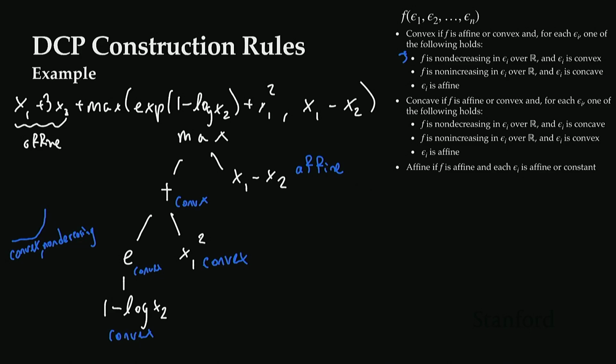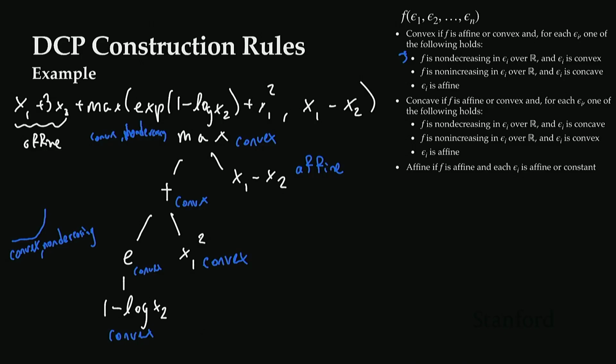So we have, again, a convex, non-decreasing thing of a convex and an affine. What's that? It's convex. Okay. So using our DCP rules, we can establish that this whole expression is convex and then plug it into a DCP solver, and yeah, great.